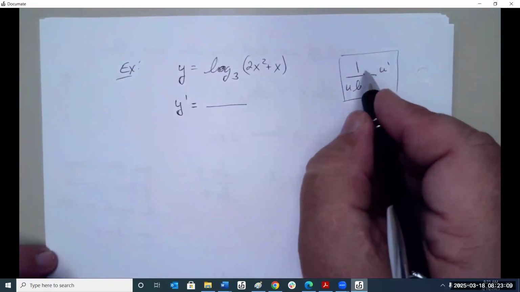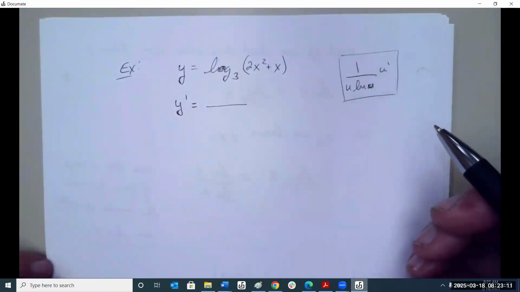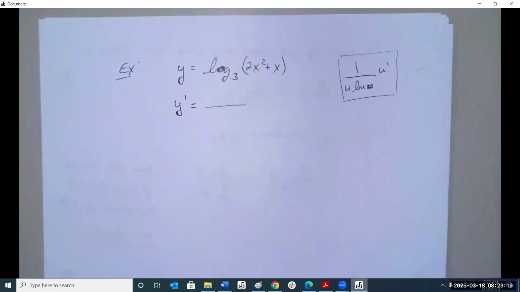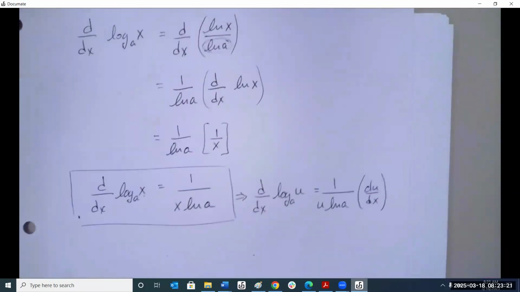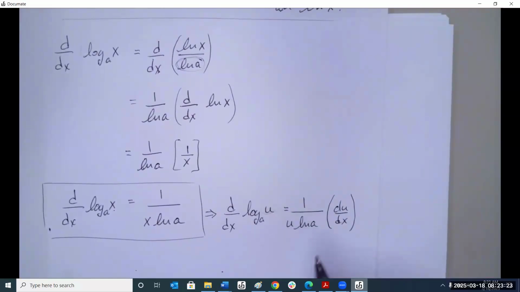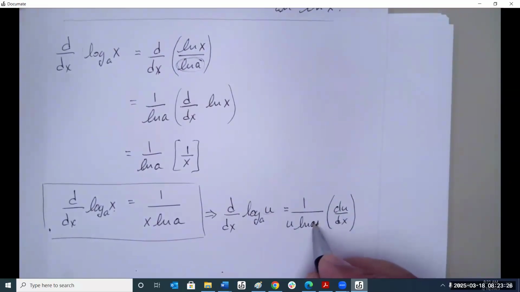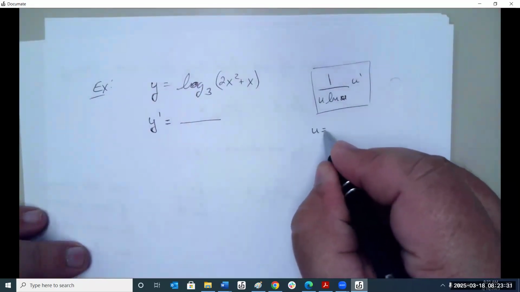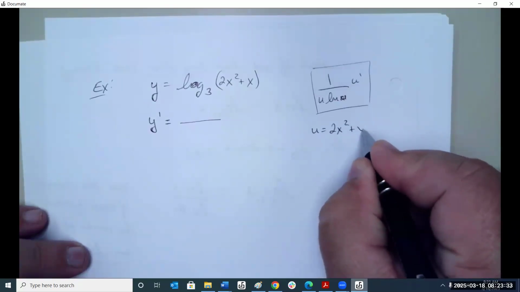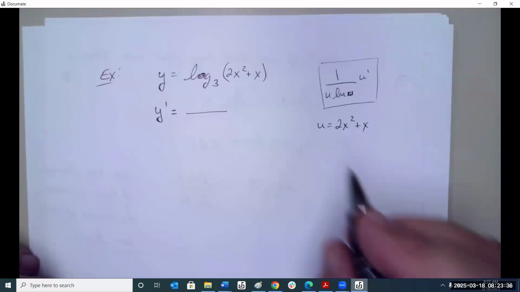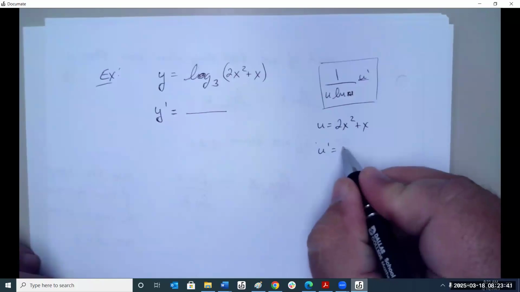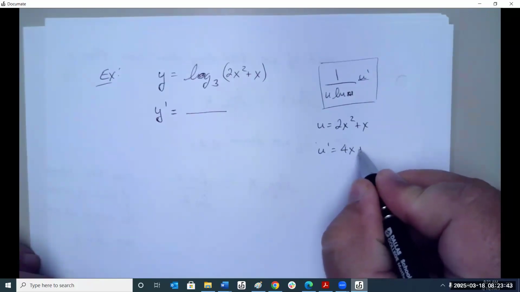According to this format, what is our u? Remember, u is that, so it should be ln u. This whole thing is my u: 2x squared plus x. Then I have to find du dx, which is u prime, which makes it 4x plus 1.